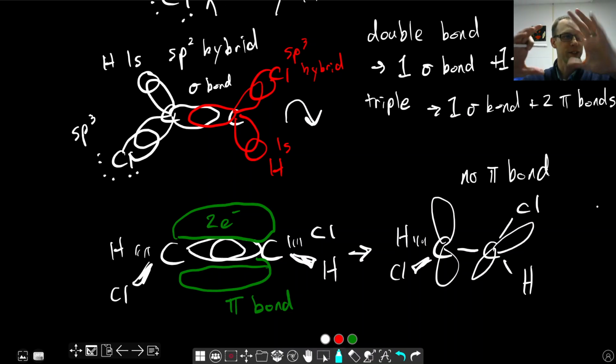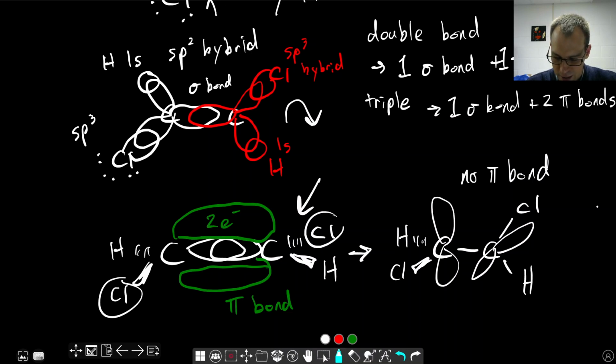So this is what would happen if this molecule tried to twist. You'd have to break this bond. And so this molecule will stay in the structure where the chlorines are on opposite sides here. If we could twist it, then this chlorine could come on the same side. And so those two are actually different molecules. We call them isomers.